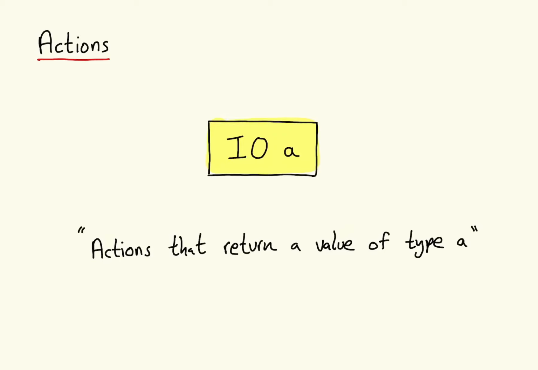So it may read characters from the keyboard, it may print things on the screen, it may interact with the file system and so on. So it can be an impure action, but eventually, once it's finished, it's going to give you back a normal value of type A. So for example, if I had a program of type I/O of int, then it could interact with the outside world, but eventually it would deliver me an integer.